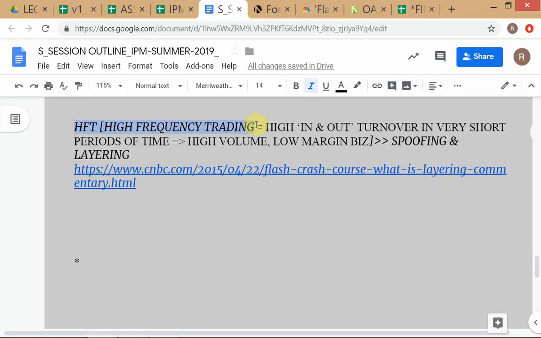It means your total transaction volume at the end of the day will be huge. It will be in billions of dollars because you're trading in and out in very large volumes multiple times a day. That's why it's high frequency. Is this clear? Same amount? It doesn't have to be the same amount. Maybe the first transaction is 500 million, the next one is 400 million.